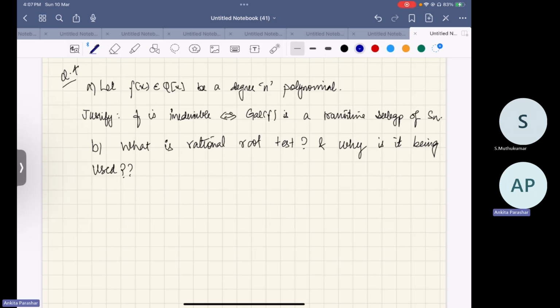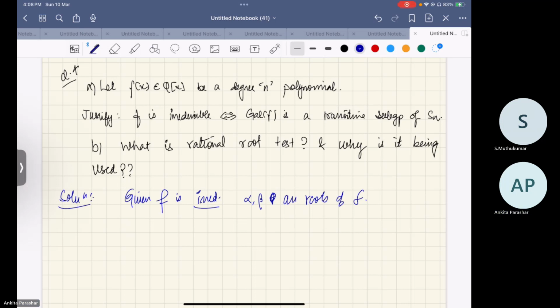Using irreducibility, we can say the roots are all distinct. Can you say that? Given f is irreducible, suppose alpha and beta are roots of f. Can they be equal?